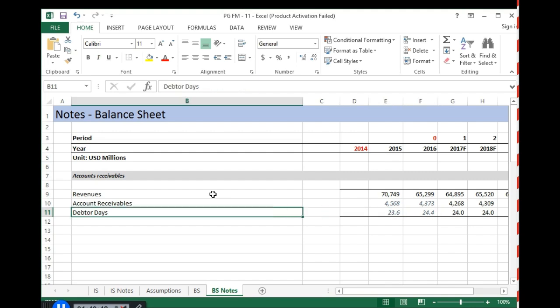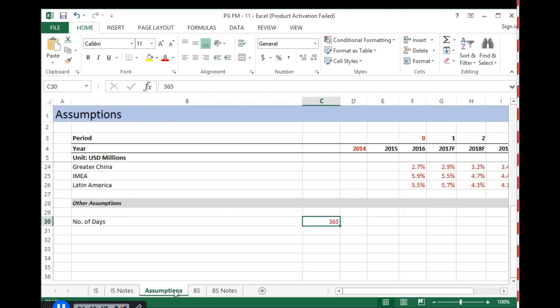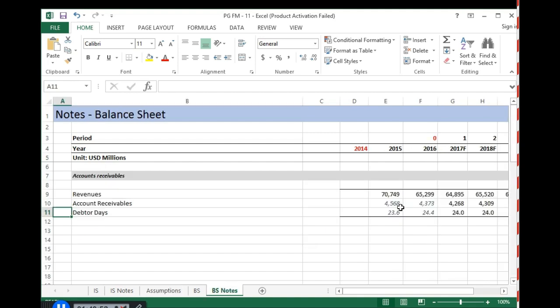You can put this in the assumptions sheet as well. You can make another column, another segment of balance sheet assumptions, put these values there and link it from there, so that if you change it in assumptions, it gets changed here. Any problem so far till here?